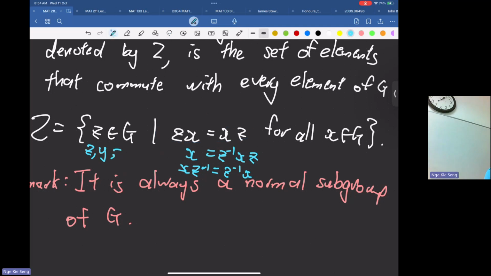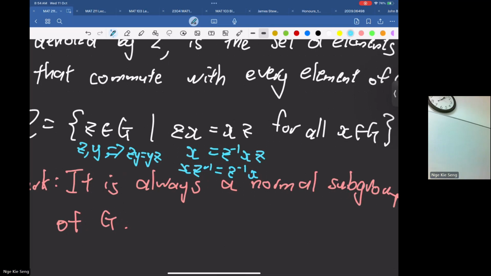Does zy equal yz or not? Why? If z satisfies this equation and y satisfies this equation, is zy equal to yz?